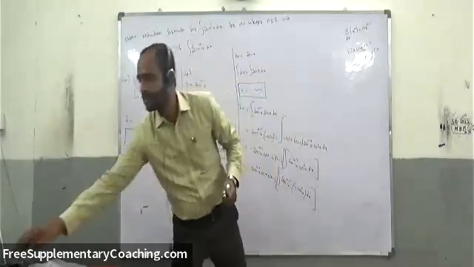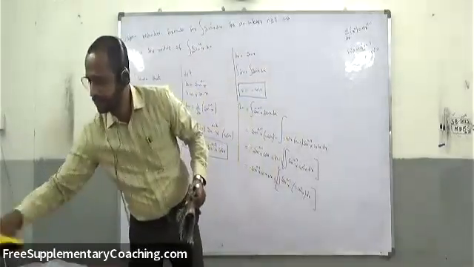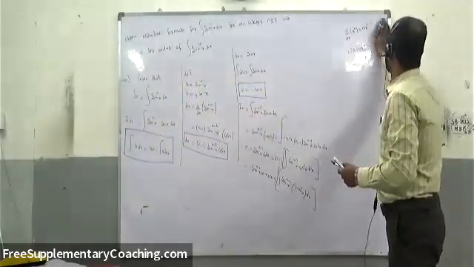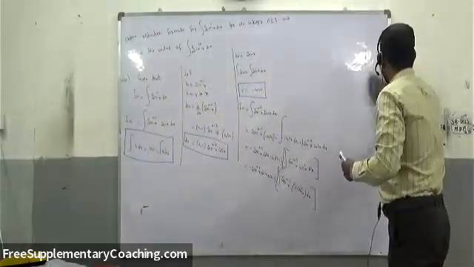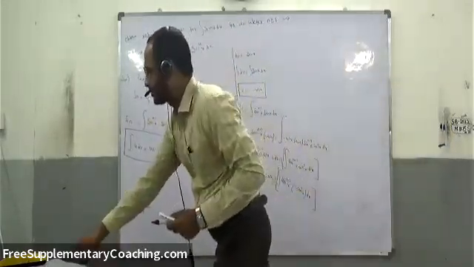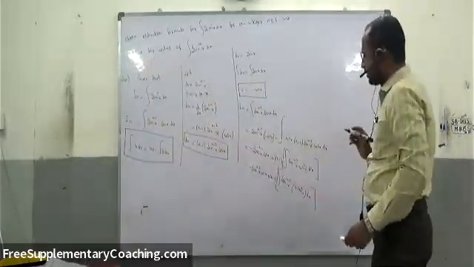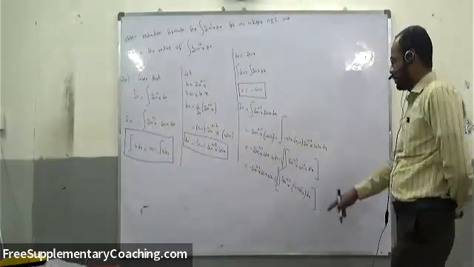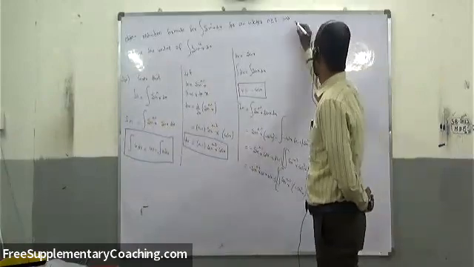Now multiply this. Let's see what we get by multiplying the terms inside the bracket.